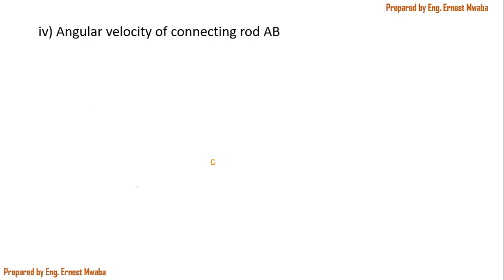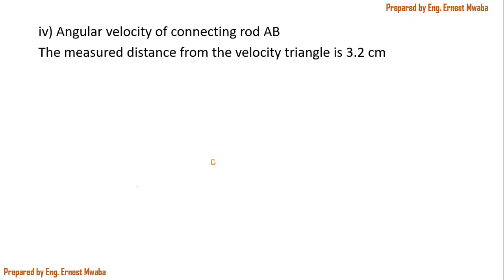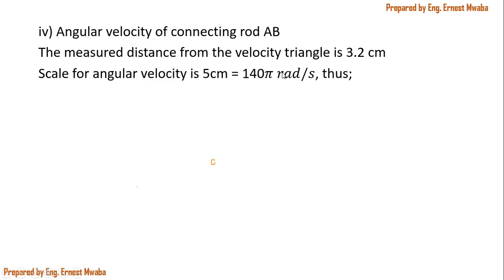Then the other part was asking for the angular velocity of connecting rod AB. For that, you look at the same velocity diagram, and you find that it's 3.2 centimeters when you measure. Here, I decided to use the other scale, which refers directly to the angular velocity.